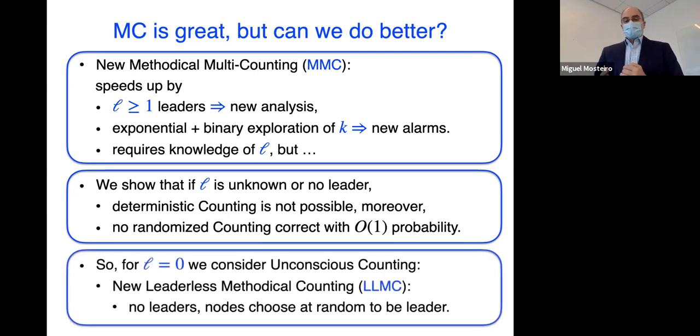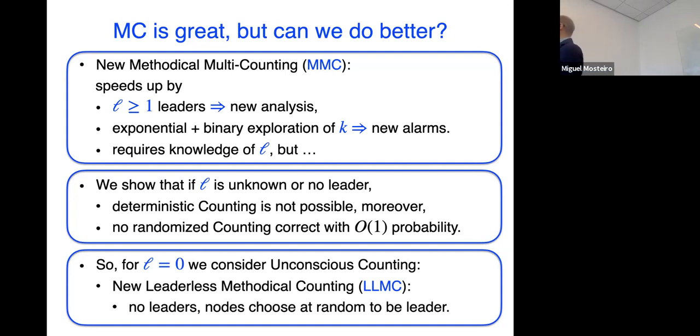So for that scenario, we consider a weaker version of the problem, which is called unconscious counting. Some people before divided the problem into conscious and unconscious. Basically, what unconscious counting means is that the program doesn't terminate because nodes do not know if they have reached the correct count or not.